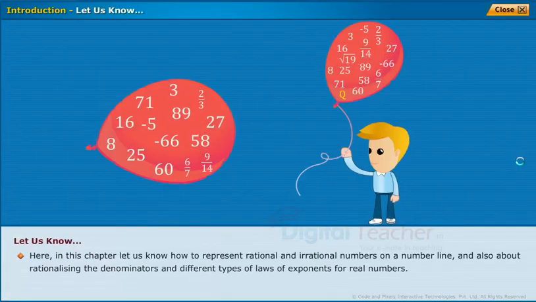Here, in this chapter, let us know how to represent rational and irrational numbers on a number line, and also about rationalizing the denominators and different types of laws of exponents for real numbers.